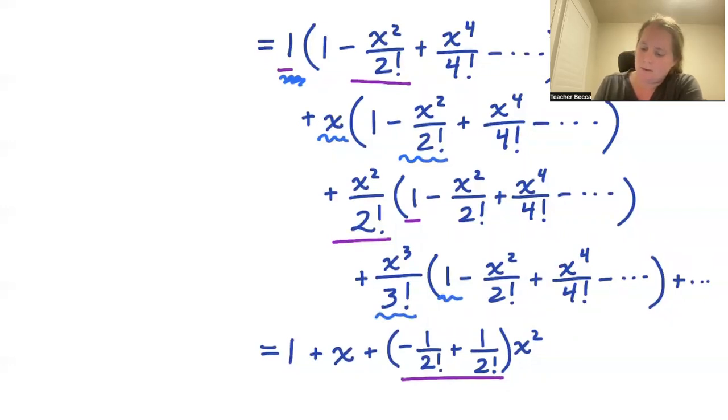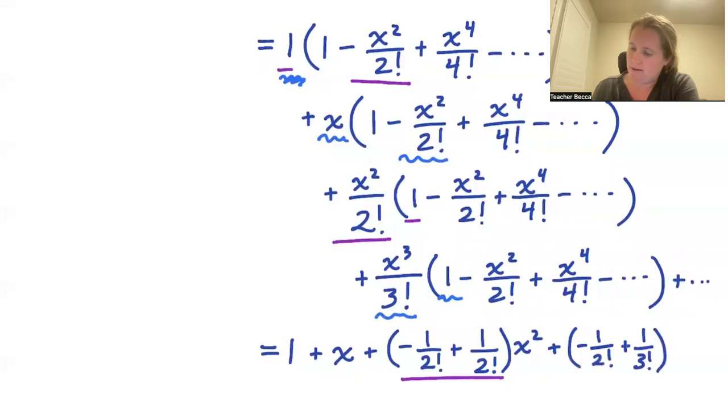So this becomes a plus negative 1 over 2 factorial, and then plus 1 over 3 factorial times x cubed. And then of course we could just keep going from there.